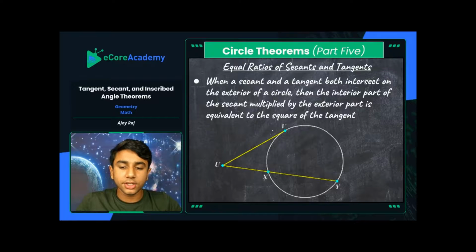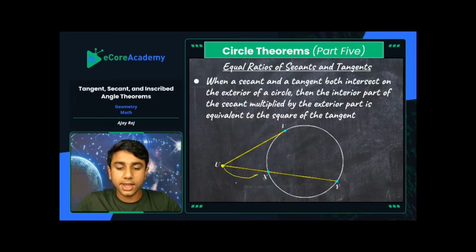So you're going to have a tangent and a secant intersecting, instead of two secants intersecting. You have a tangent UV and your secant UY. When these two intersect on the exterior at a common point U, this exterior part of the secant is UX.